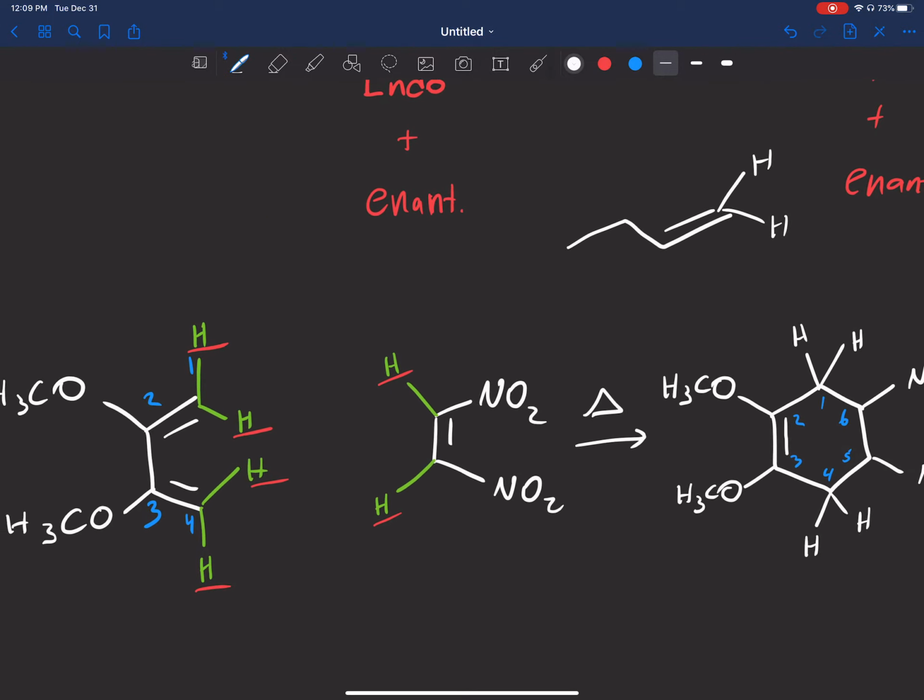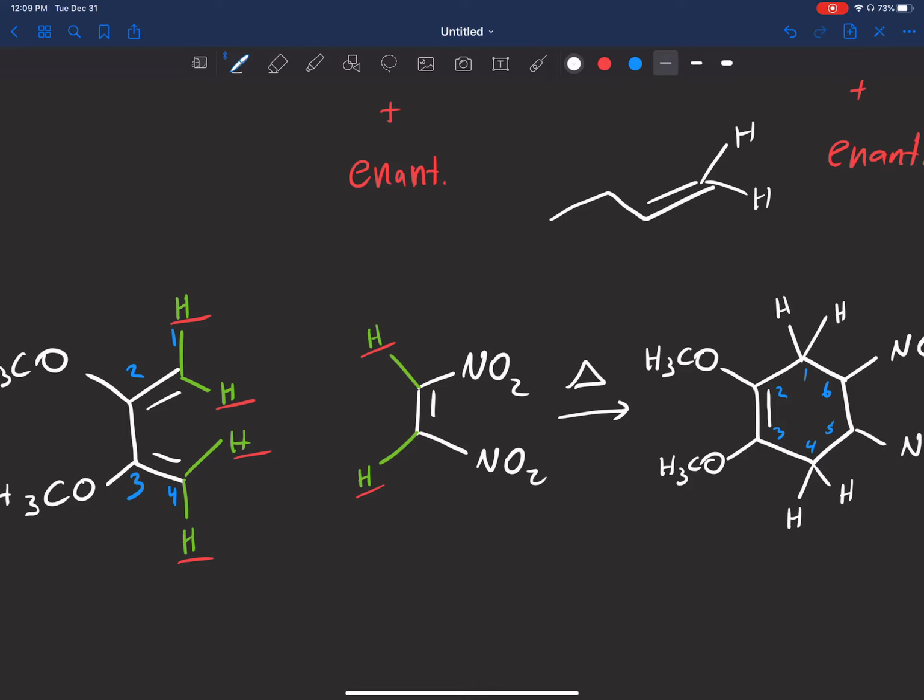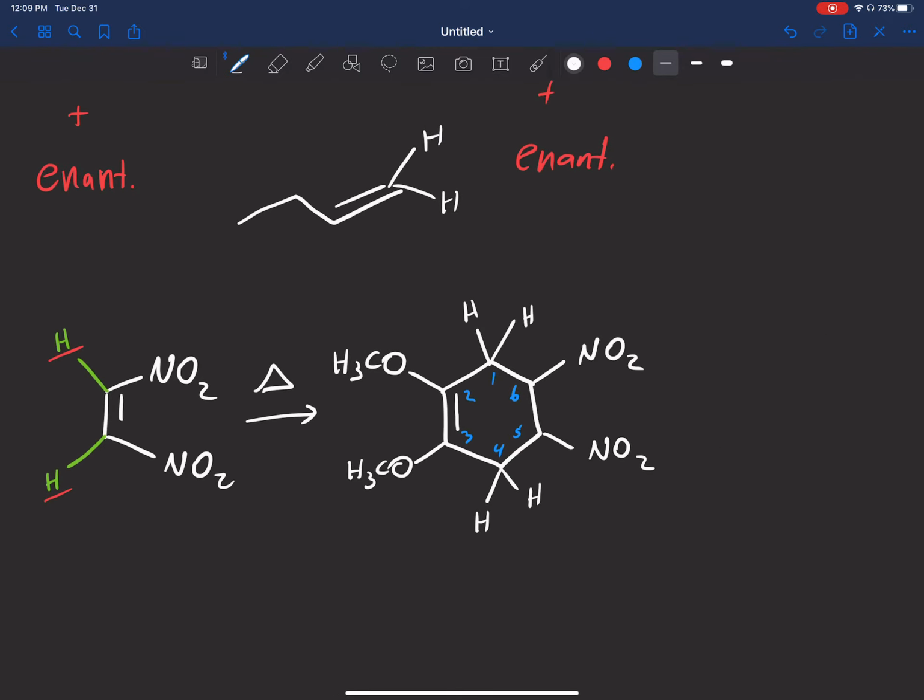And so we know that one of them has to be wedged, one of them has to be dashed, right? So to make these trans hydrogens, I'm going to make them wedged. Arbitrarily, it doesn't matter. They're both the same hydrogen, so it doesn't matter which one you pick. So here's that wedged hydrogen.